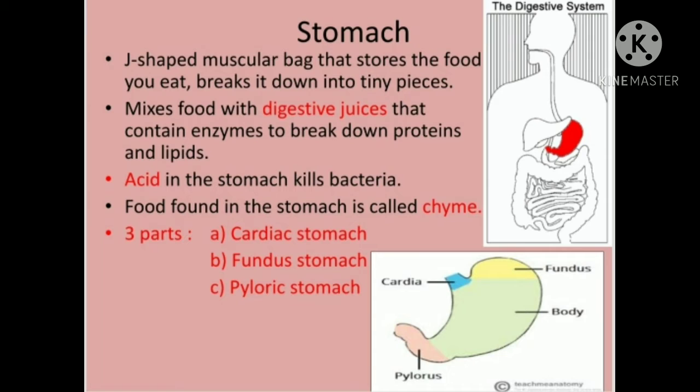In the figure you can see, first we will see the above portion of the figure. In that, the red colored highlighted part is the stomach. It shows the presence of the stomach.